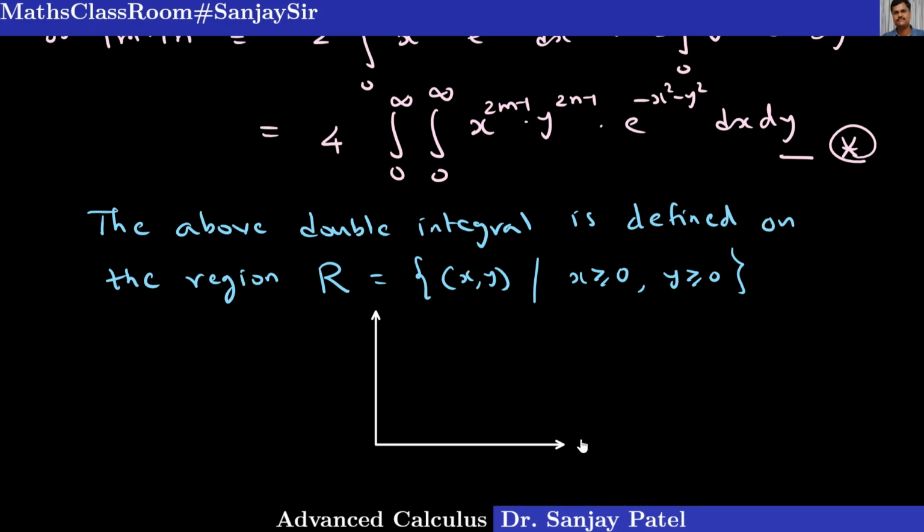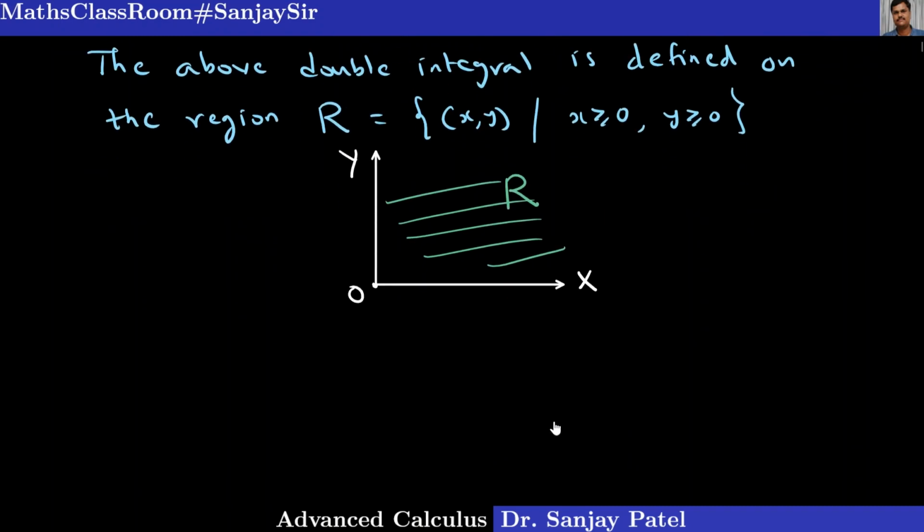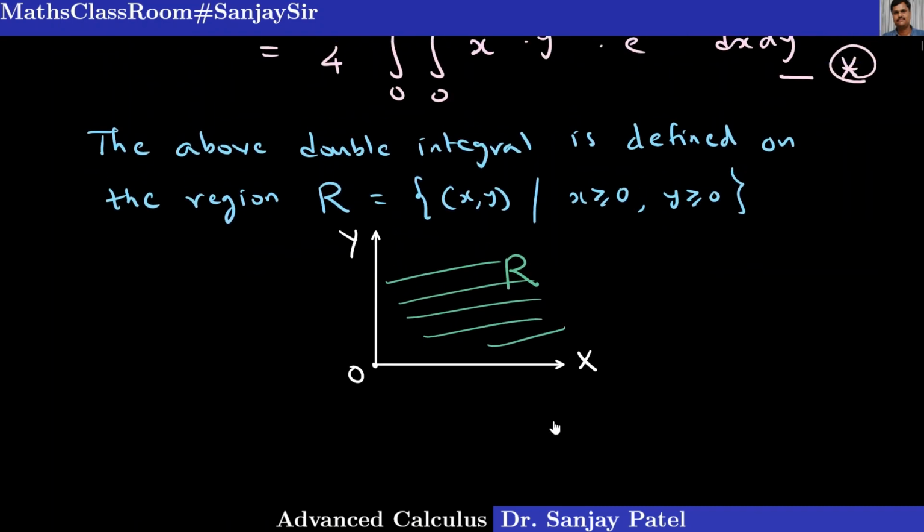This is the x-axis, this is the y-axis, and this is the origin. So this whole part is our region of integration, say R. Okay. And what I want to do is change the variables in this double integral. I want to transform this double integral into polar coordinates.